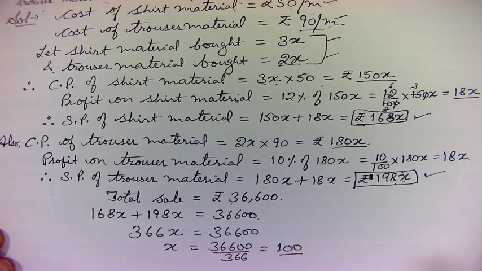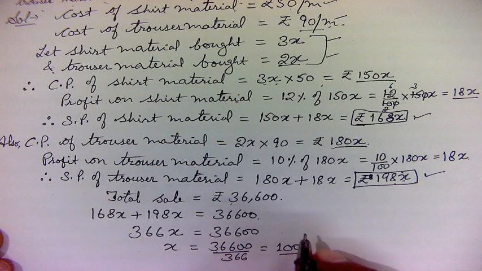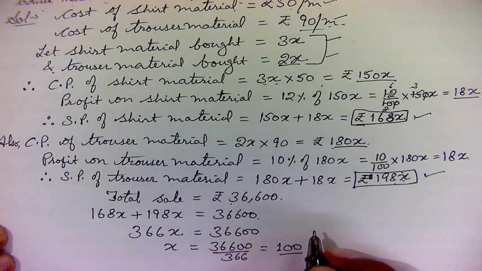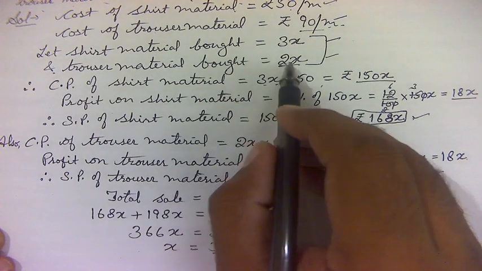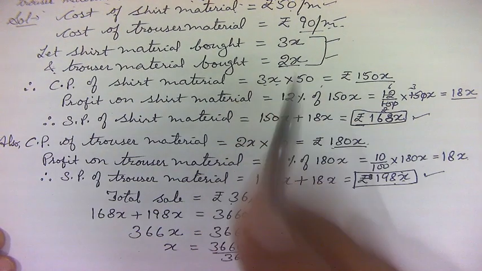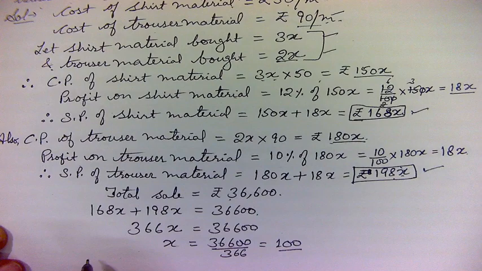Now what was the question? The question was to find the trouser material he has to buy. So how much trouser material did he buy? He bought 2x.